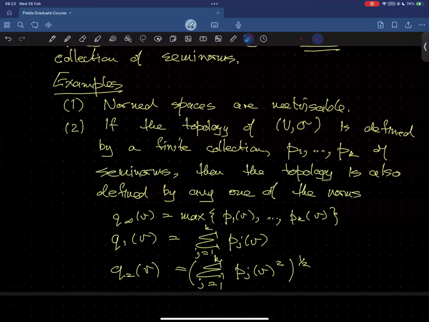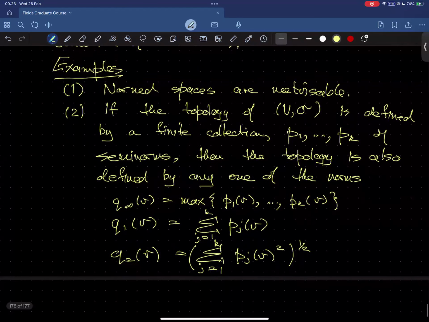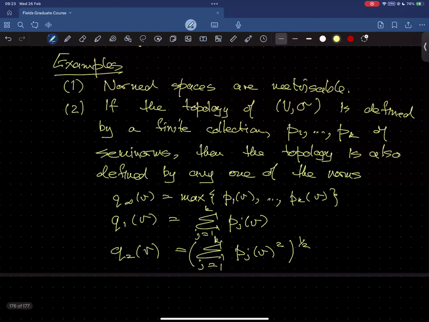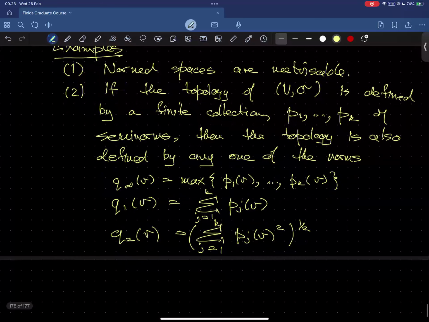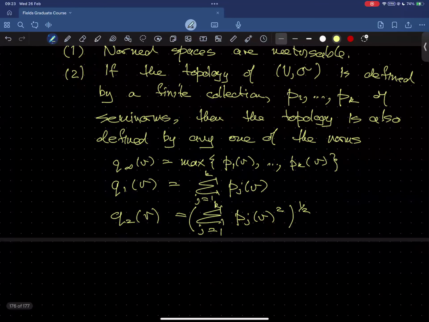So in other words, what I'm saying is that the topology being defined by finitely many seminorms is really just normed. And so really the distinction is normed, meaning one seminorm, which is actually a norm, and countably many but not finitely many. So those are the 2 interesting cases.